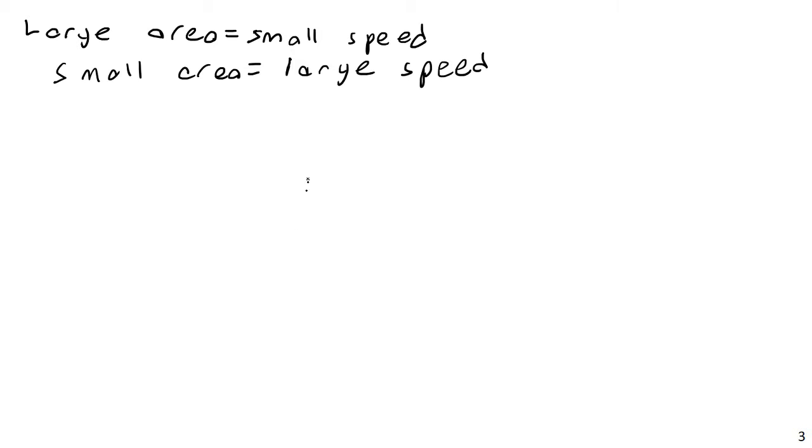So a small area equals a large speed, or a large area equals a small speed. Really straightforward. And another way to think about this: if A doubles, then V has to compensate. V has to absorb that increase.